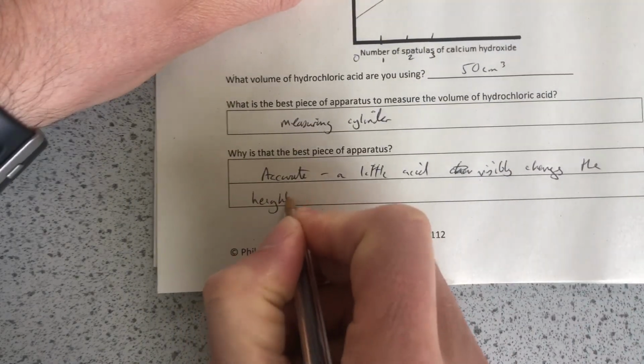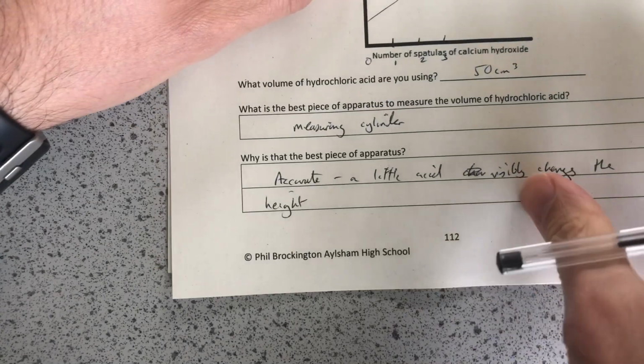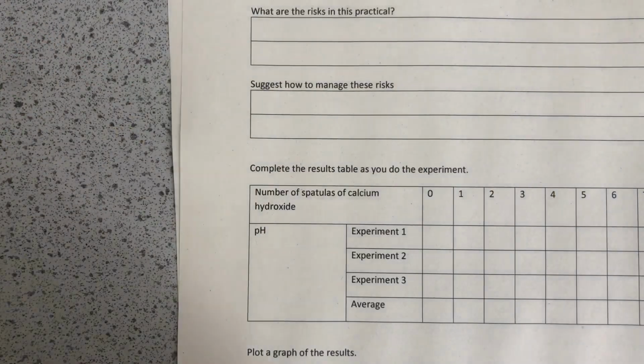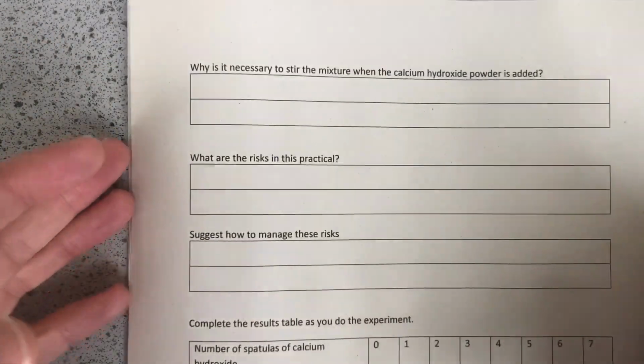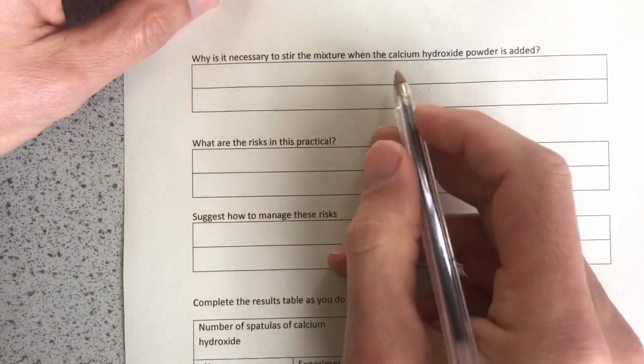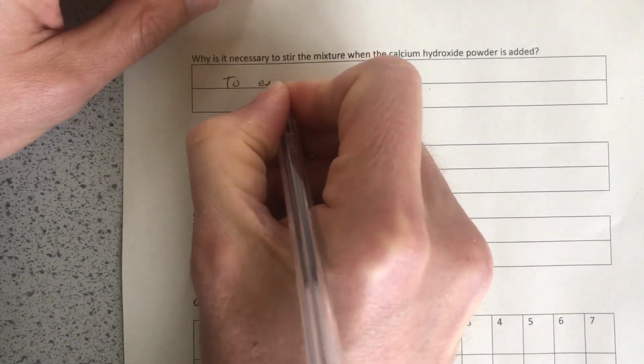Never measure using a beaker, they're not accurate. Pipettes are even more accurate still, and we'll look at those on titrations. So next one. Why is it necessary to stir the mixture when the calcium hydroxide powder is added? To ensure it all reacts.